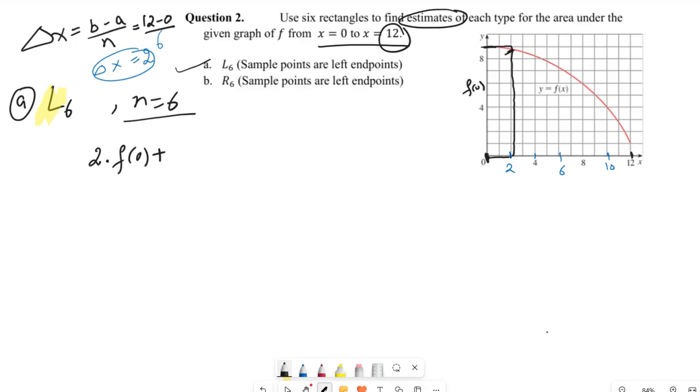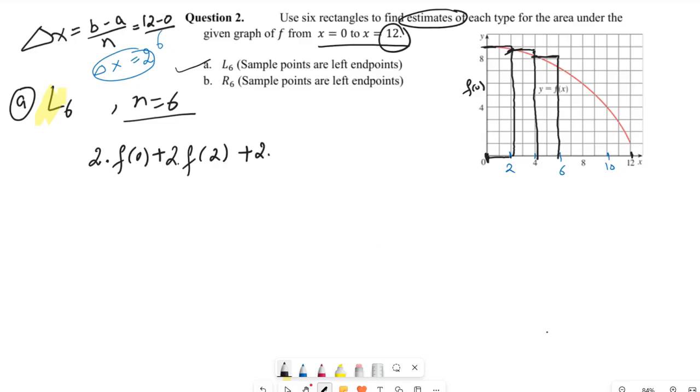plus, for the second rectangle, I find the height of f of 2, which is approximately 8.8, and a rectangle of width again 2 units. So 2 times f of 2 is this area, plus f of 4 somewhere here. Draw the rectangle at that length, and the width is still the same.